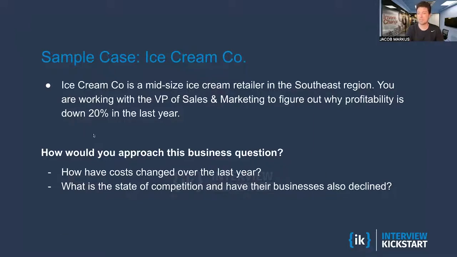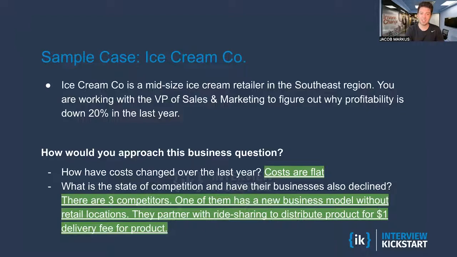And so hopefully you get an answer from the interviewer. And sometimes, in the first case, costs are flat. That's a bit of a dead end, but we know that mostly what's happening here is probably revenue related then. So you might ask more questions about that or expect that in the case. And then secondly here, there are three competitors. One of them has the new business model without retail locations.